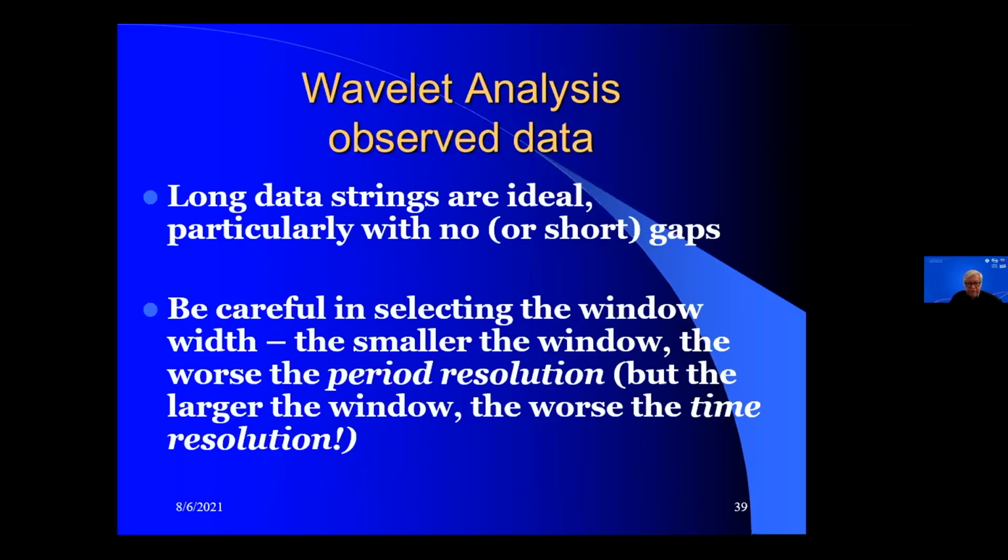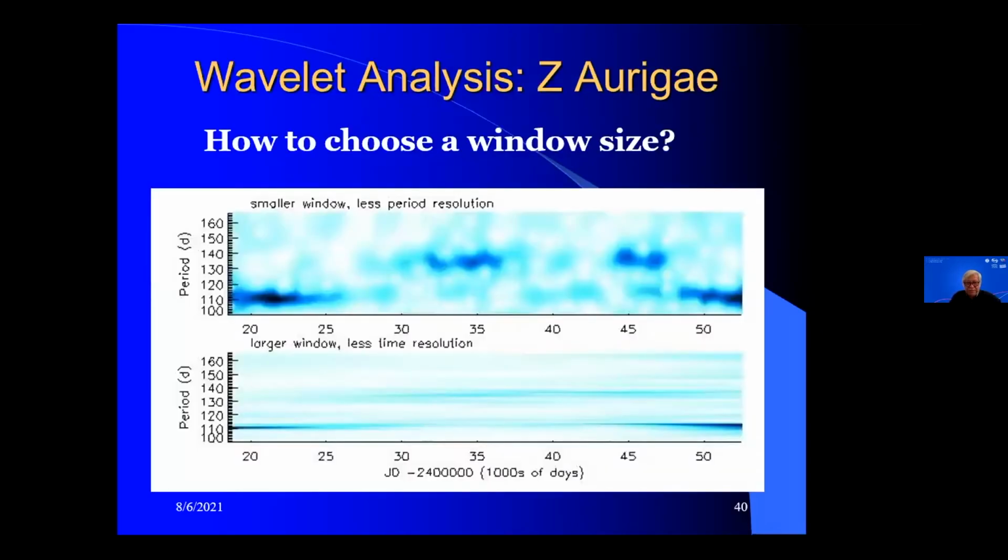The smaller the window, the worse the period resolution. But the larger the window, the worse the time resolution. So period resolution and time resolution cannot go hand in hand in wavelet analysis, unlike the Fourier transform. When you analyze this, you have the time of your data and the trial period.